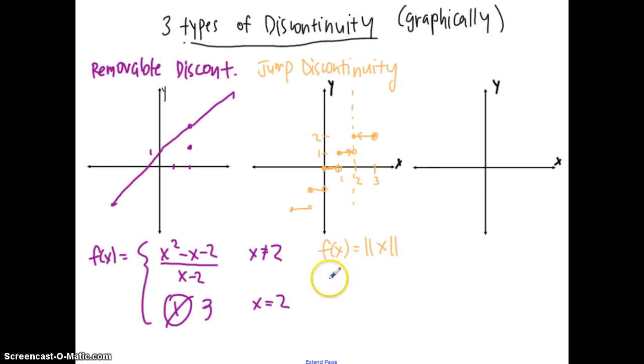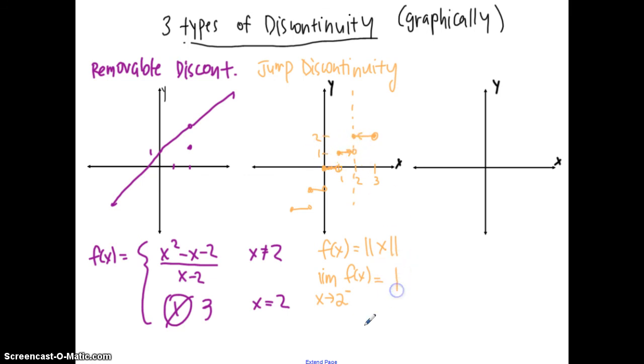Now let's take a look at this example at x equals 2. The limit of f of x as x approaches 2 from the left exists and is equal to 1.